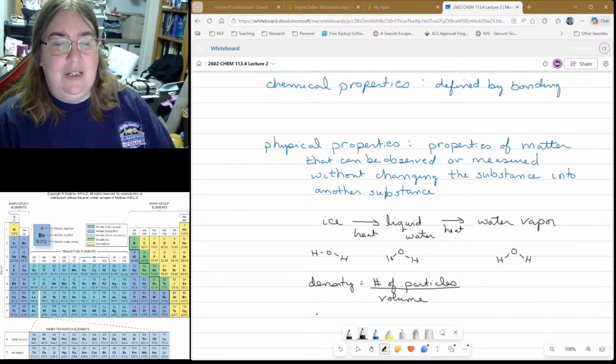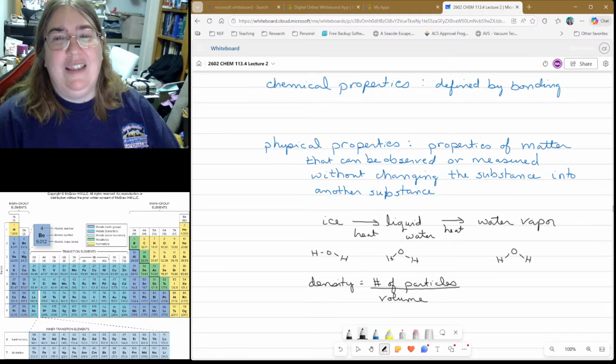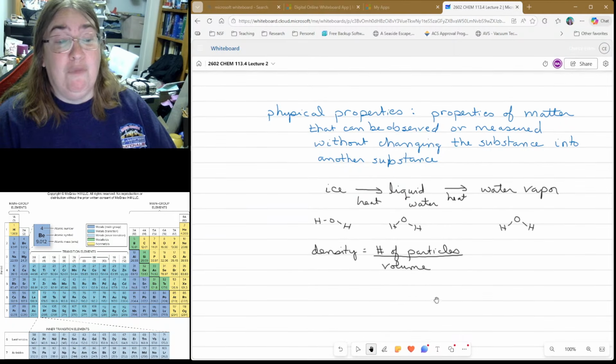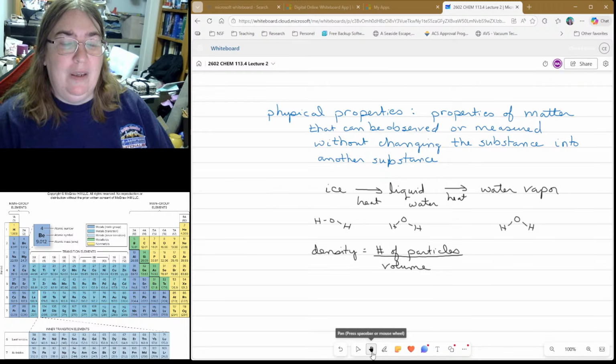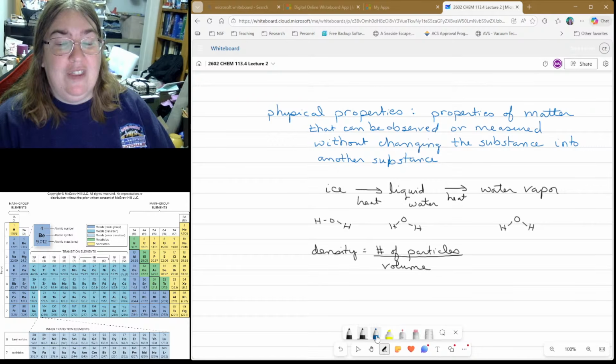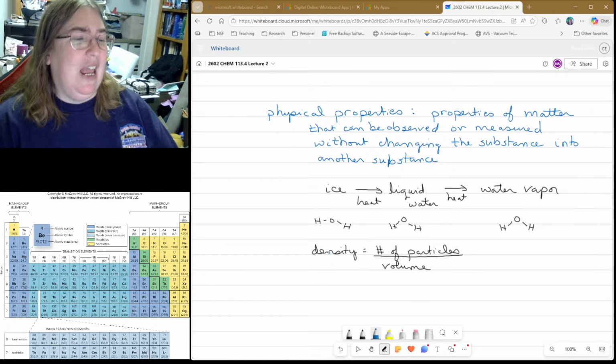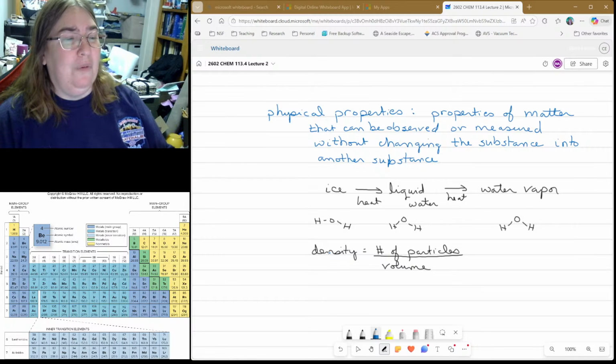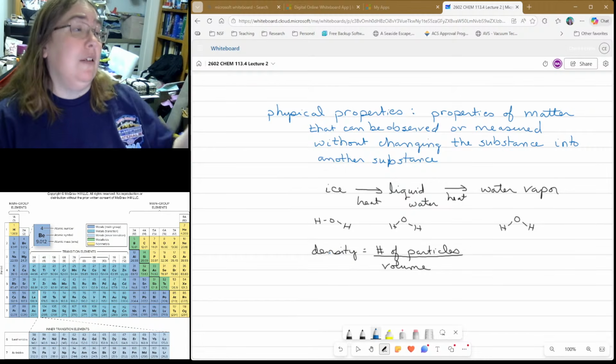So the density, and this is something you guys wouldn't know because you're used to looking at density, I've got it as number of particles per volume. The other name for this type of density, as a general rule, just means per volume. So if you're in physics, there's energy density and flux density and all sorts of densities.